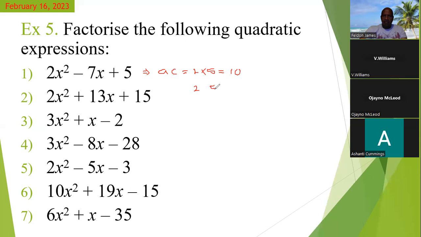So you're going to have 2x squared. Before you actually give me the x's, can you tell me what sign the 2 and 5 should have? Minus. Okay. All right, so here we will have minus 2, minus 5. So what will you get now?